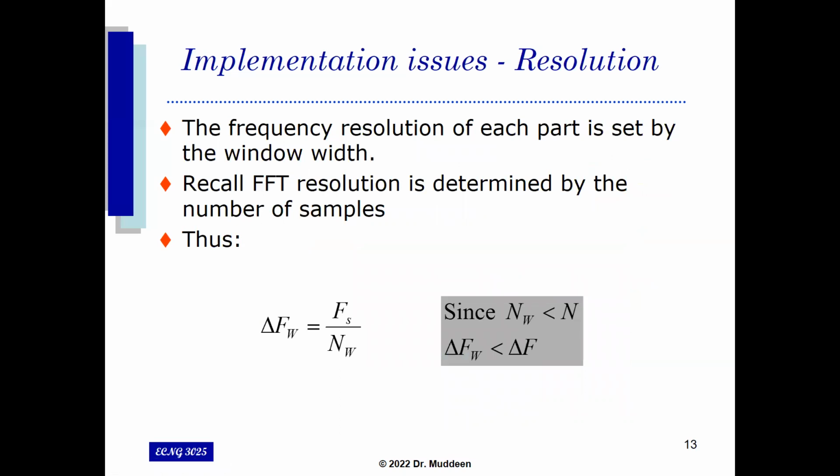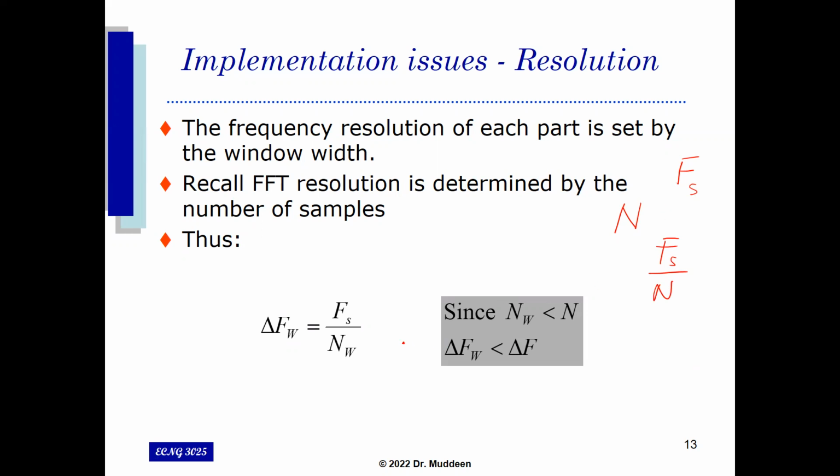Remember a little issue as well: if I had originally n samples in my whole signal, and I sampled at some frequency fs, then the original resolution was fs over n. But I am taking a subset of that because the signal is non-stationary.